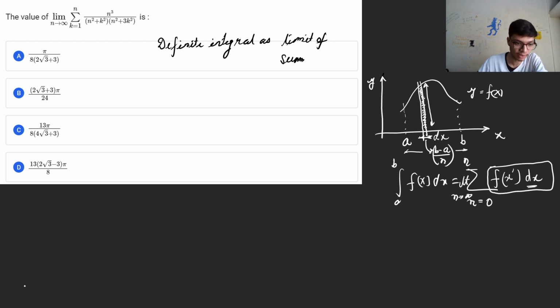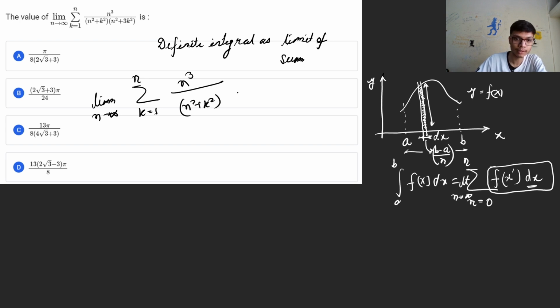Now let us get back to the question. The result says there is a limit as n tends to infinity of the summation over k from 1 to n of n cube divided by n square plus k square into n square plus 3k square.